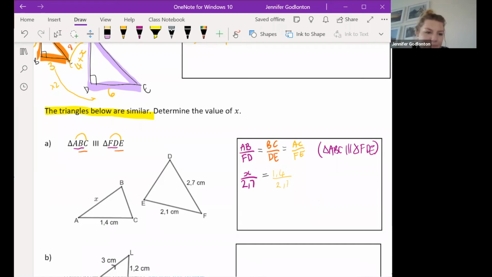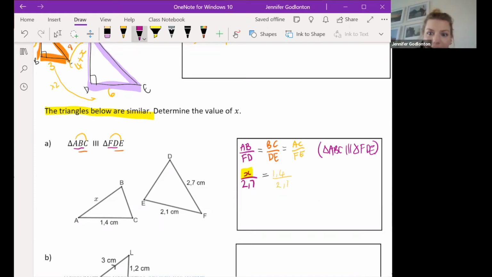Okay. When I get to this point over here, who has a suggestion of what I can do? I'm now trying to find out this value over here. Let's see, Unati has a suggestion for us. Unati, talk me through what you think we can do. Do you cross multiply?